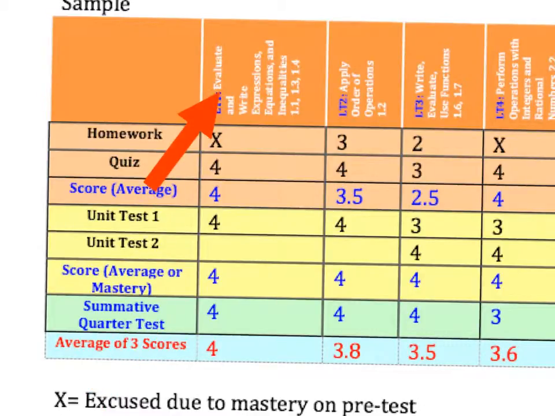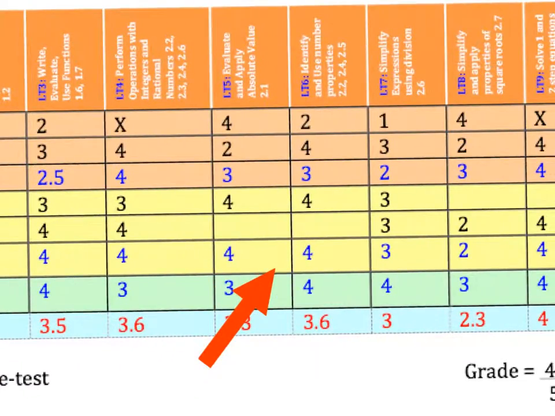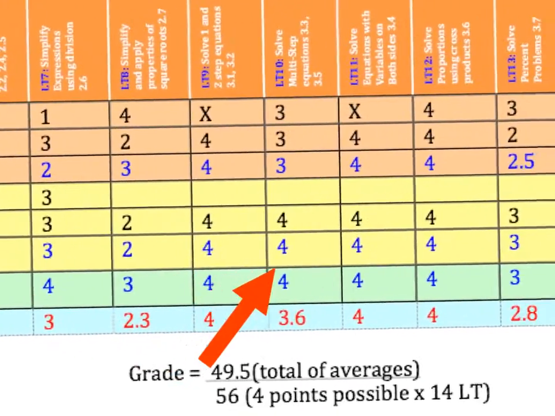Then, at the end, for each learning target, the numbers that are in blue are averaged. So for learning target 1, the average of 4, 4, and 4 is, of course, a 4. For learning target 2, the average of 3.5, 4, and 4 is 3.8. For learning target 3, the average of 2.5, 4, and 4 is 3.5. So I went ahead and did that for all the learning targets for the entire first quarter.